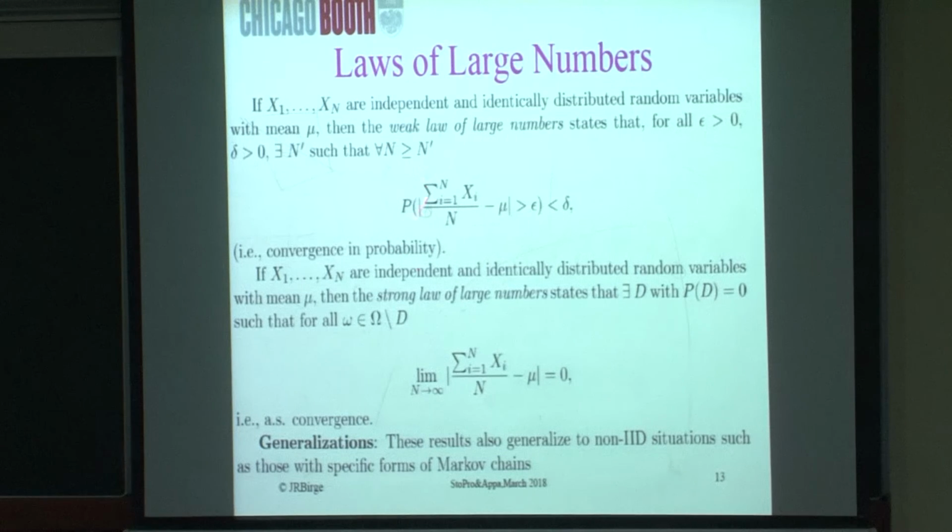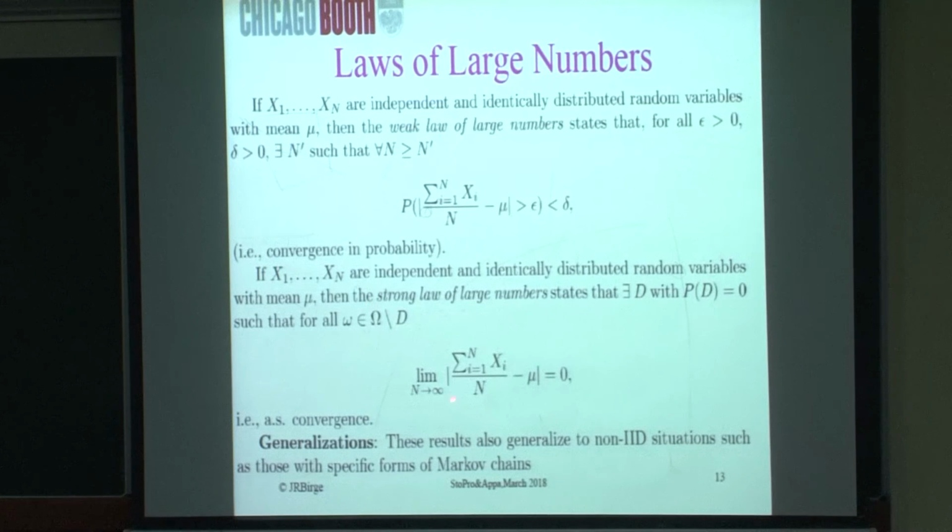Now it turns out that if I maintain independent identically distributed and have a finite mean, I can also show that there's a strong law that applies. That is, this convergence is not just in probability but almost sure.